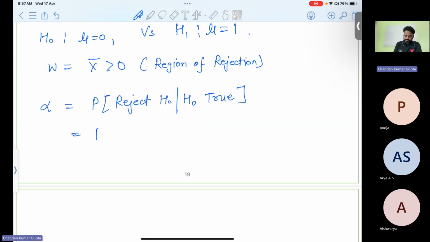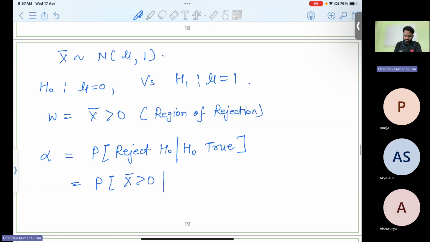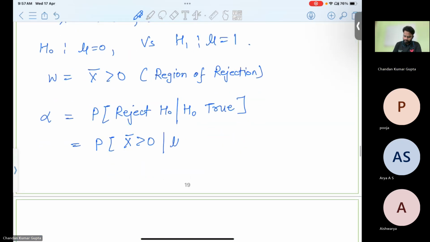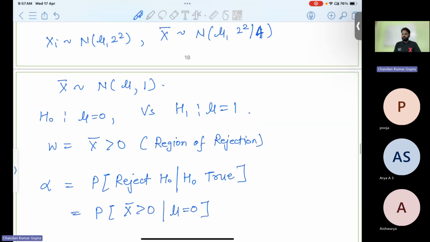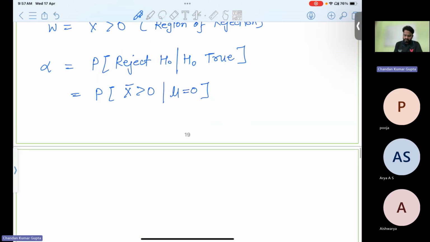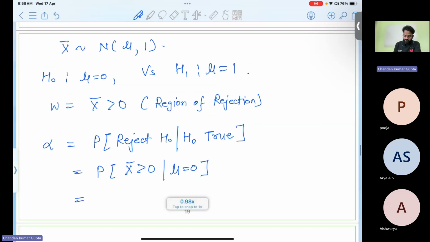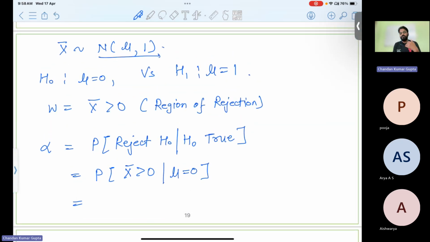So H naught is rejected when X bar is greater than 0, under H naught is true. When H naught is true, mu equal to 0. Okay. So we need to calculate the probability that X bar is greater than 0. Since it is a normal distribution, we just transform it into a standard normal variate.